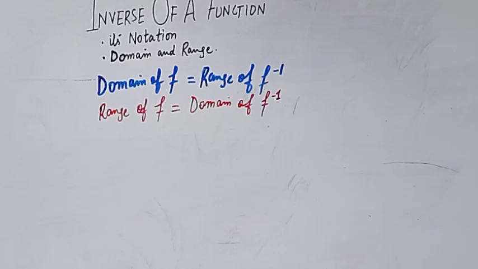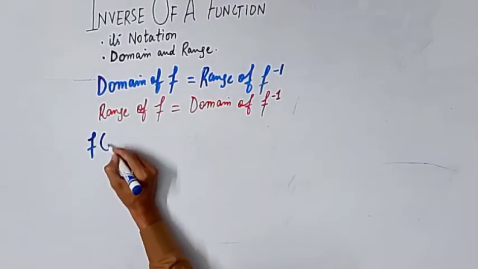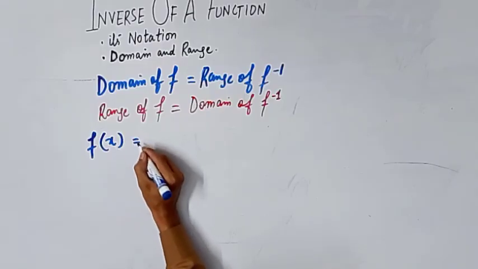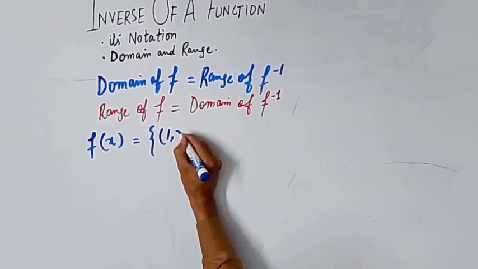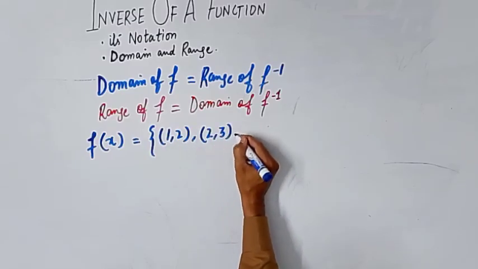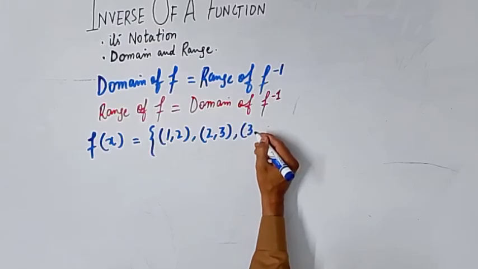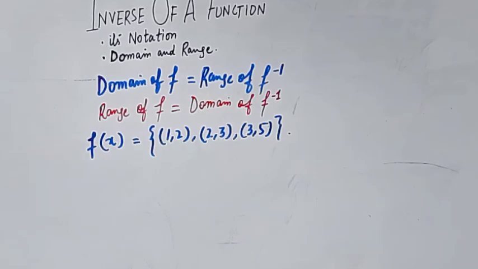For example, if you have a function f, you can write it like this as well: (1, 2), (2, 3), (3, 5). So what is the domain of it?